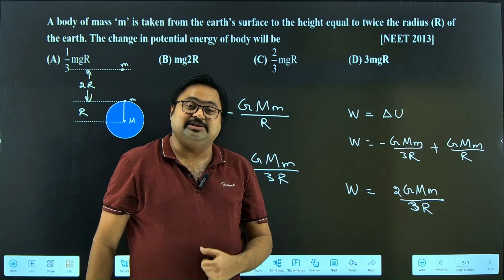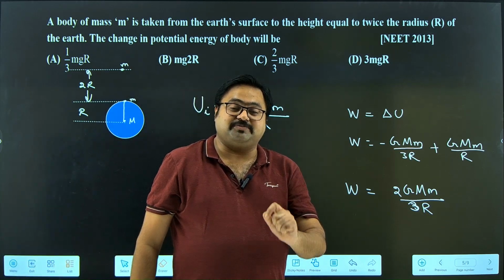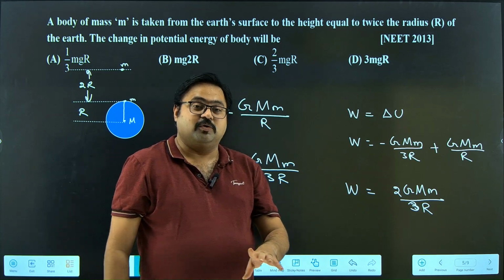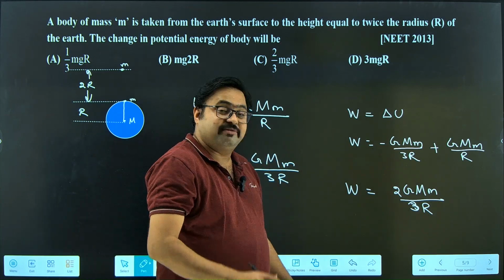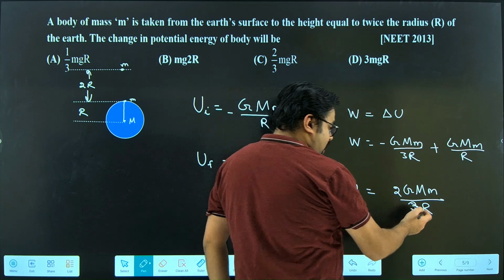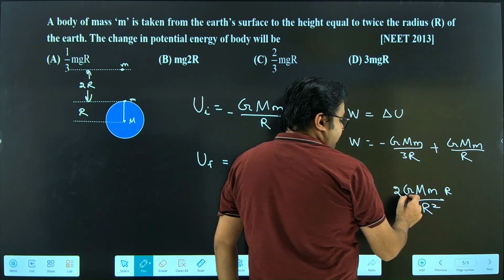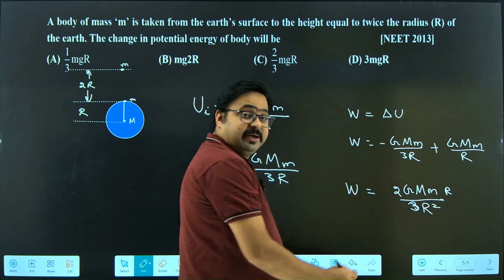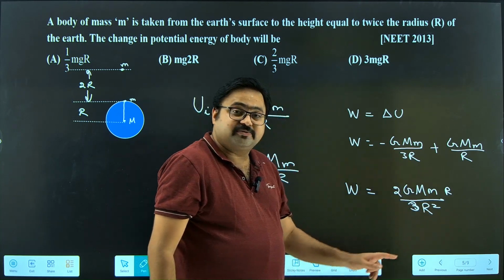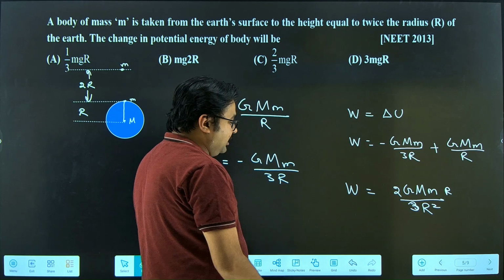Small g is acceleration due to gravity. You must have watched the previous video, where I discussed how to calculate acceleration due to gravity, and one of the equations that described it was, if you just multiply and divide by R squared, you have GM by R squared, which is exactly the acceleration due to gravity.